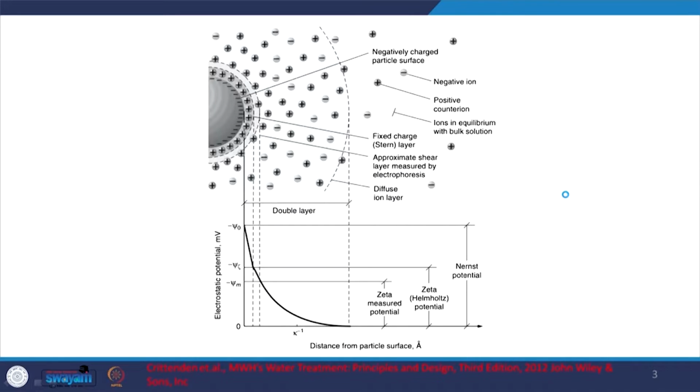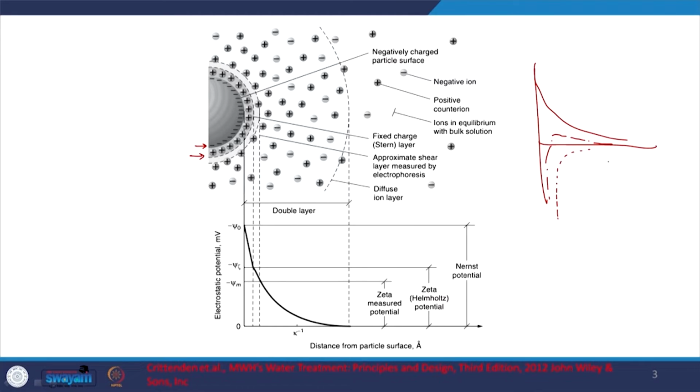We looked at this net negative charge on the particle, right, and it attracts counter ions which are cations. That is what we see out here. Negative charge on the particle, we looked at the relevant reasons, and we know that the repulsion is something like this and the attractive force is something like this, and the net, I guess, is something like this, right.